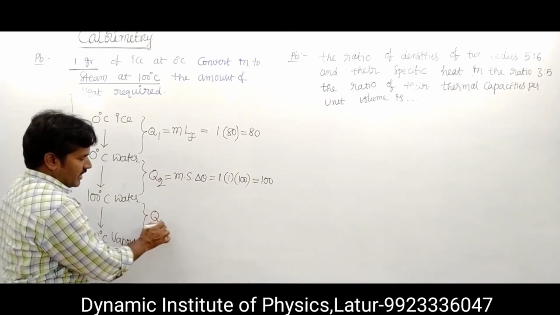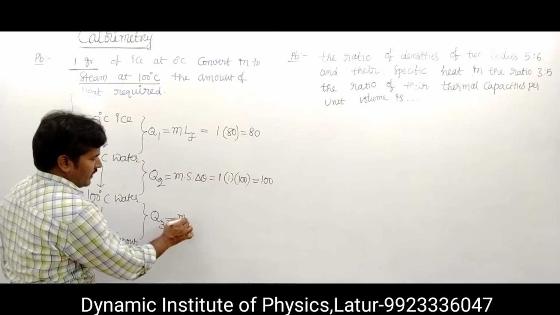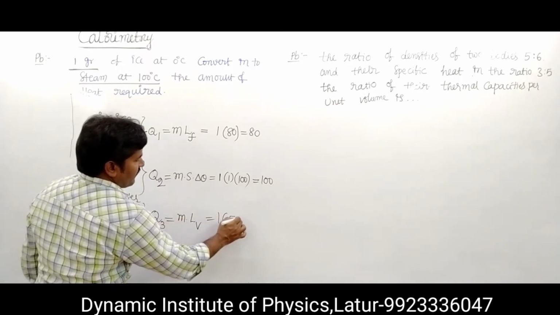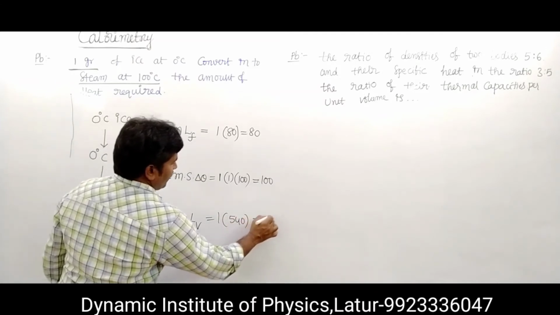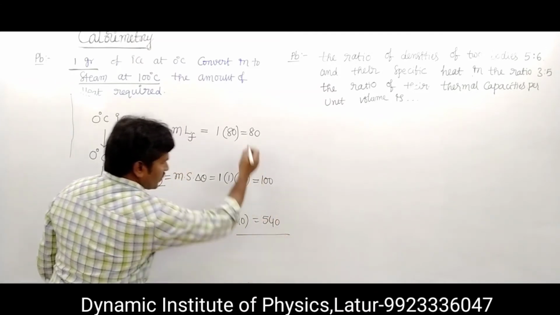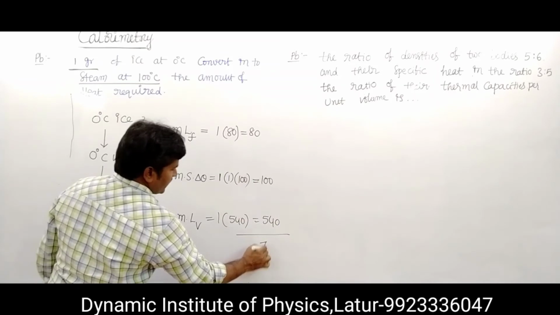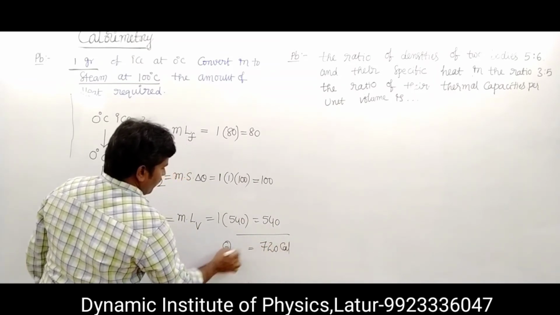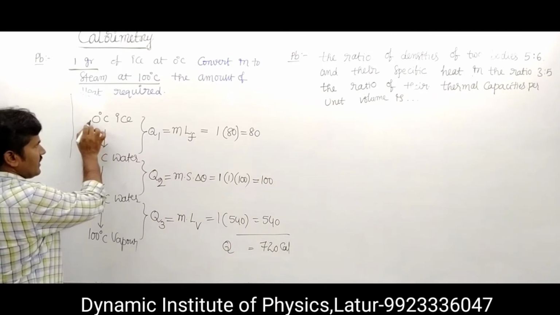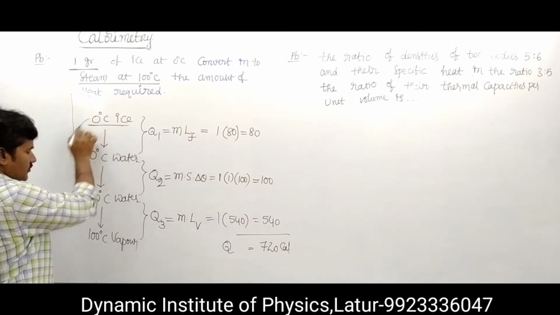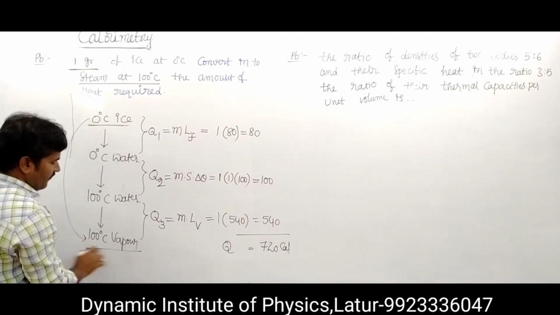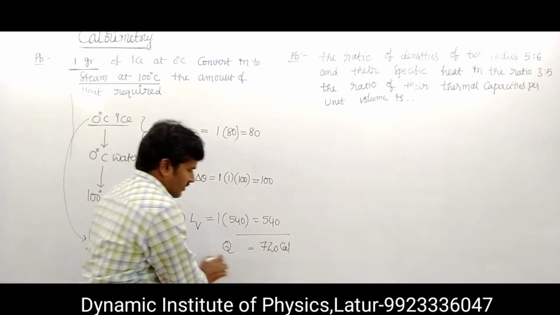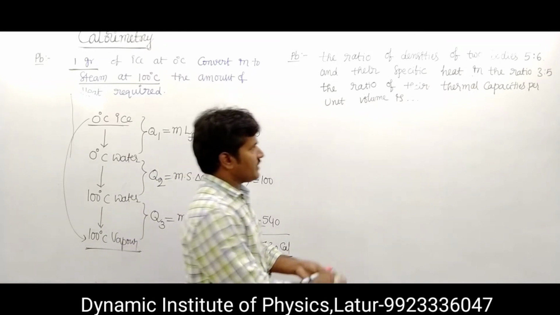So Q3 equals m into L vaporization, which is 1 into 540, that is 540 calorie. Then the total heat becomes 720 calorie of heat required for 0 degree centigrade ice converted into 100 degree centigrade vapor.